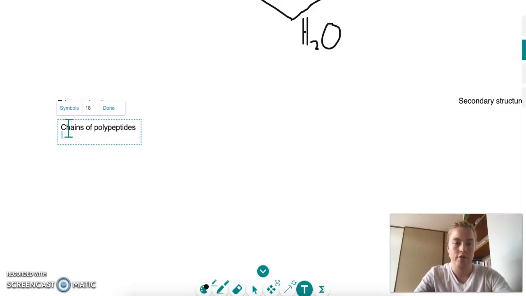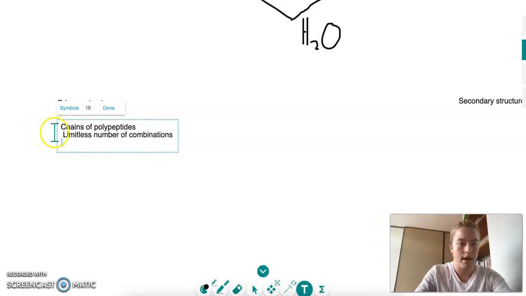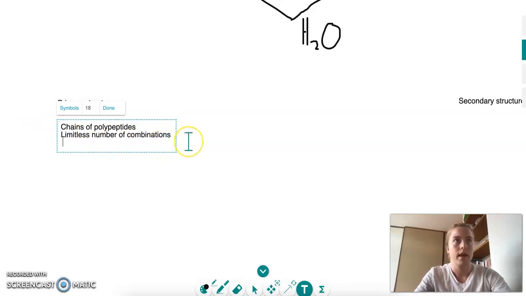And it's really important to consider that with these 20 different amino acids, there's essentially a limitless number of combinations, which means that, as I said earlier, there's a numerous number of proteins that you can get being formed. And another important thing when considering the primary structure is that the order of the amino acids in this bonding for the polypeptide is determined by DNA.